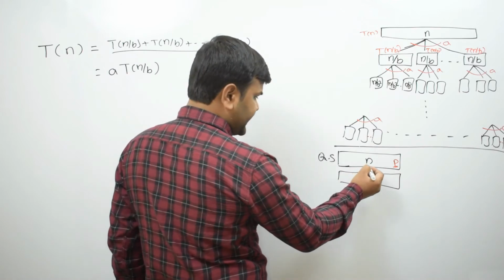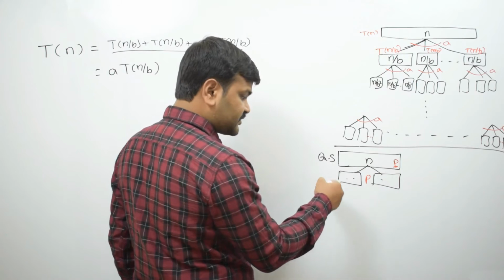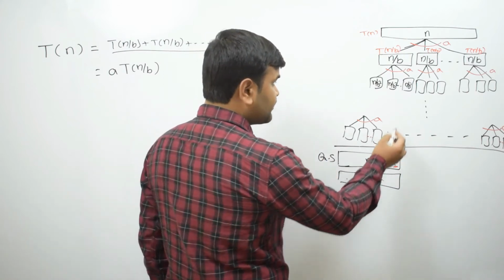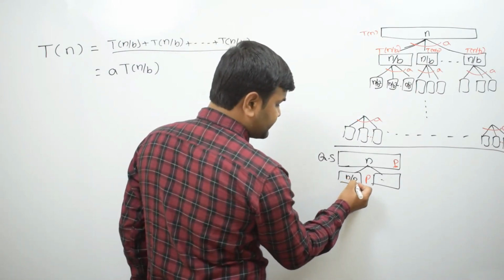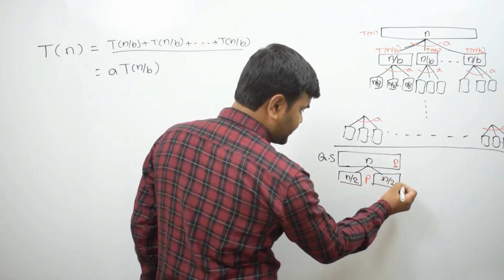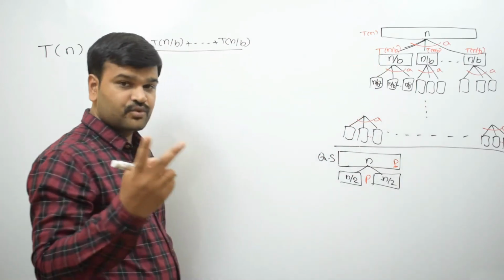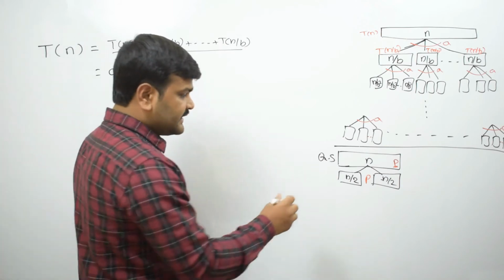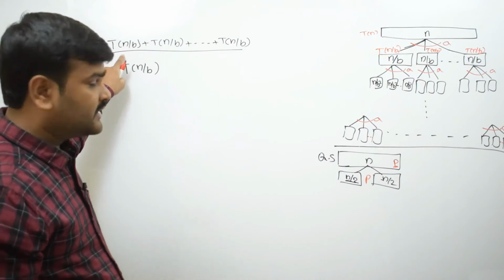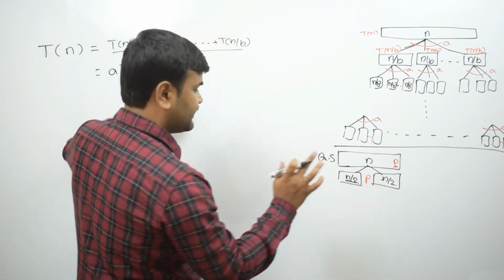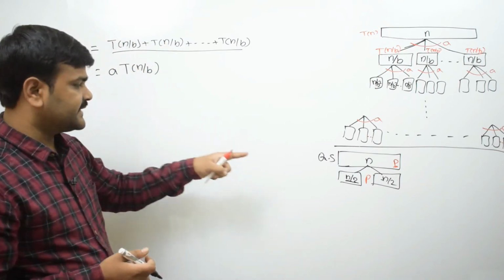So this main problem is divided into two subproblems, each solved individually. Assume each size is approximately n by 2, and there are 2 subproblems, so a is 2. Each takes T(n/2), so 2 into T(n/2).